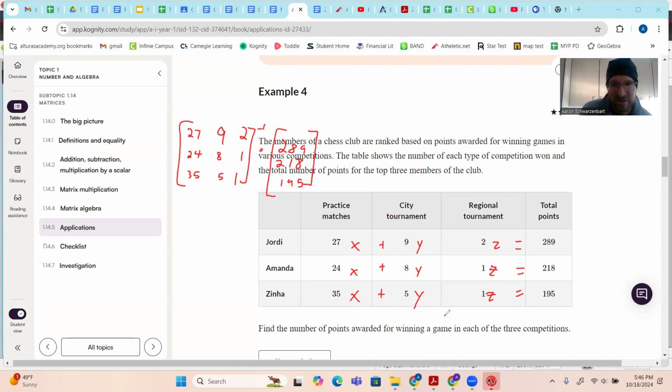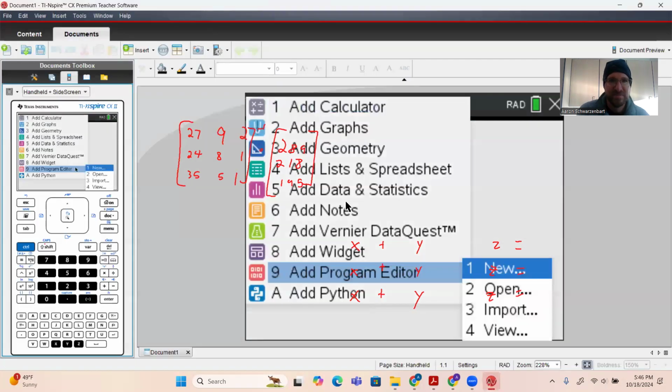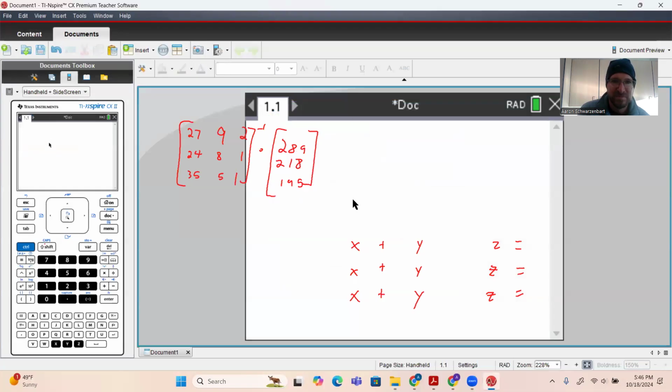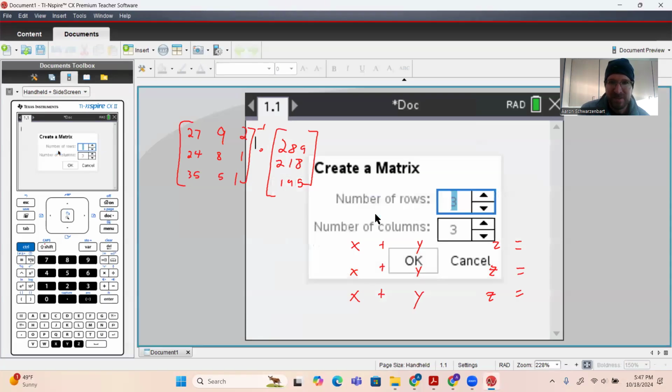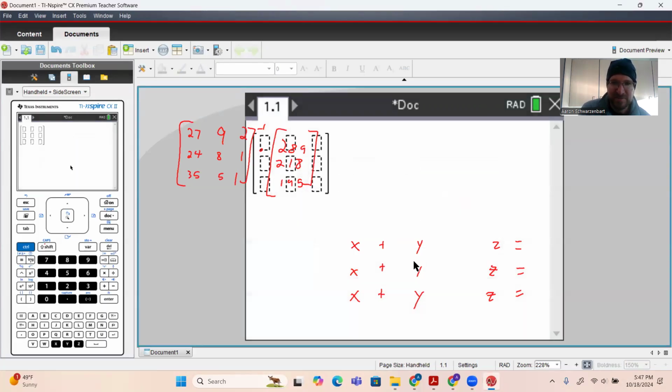So I'm going to go over and put that into the calculator. Three by three. It's a little bit written over, but I'll clear it once I get down.